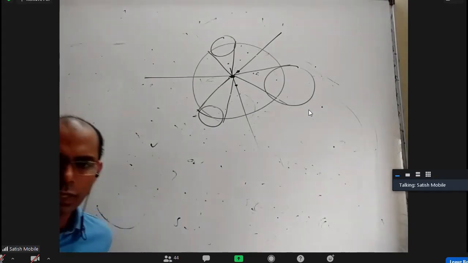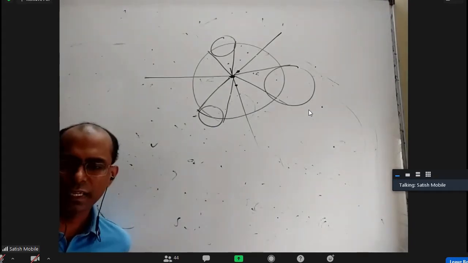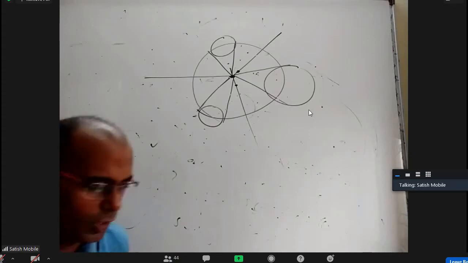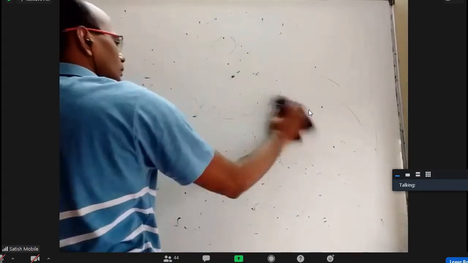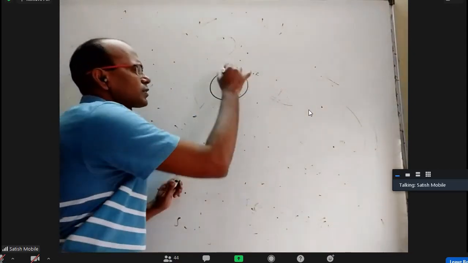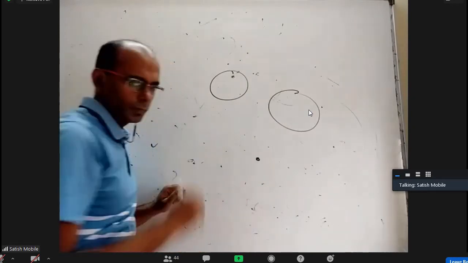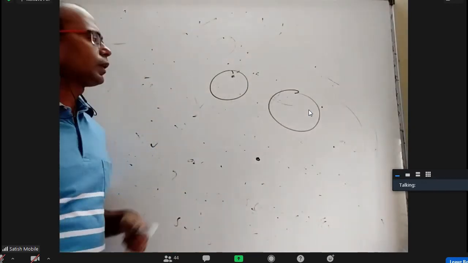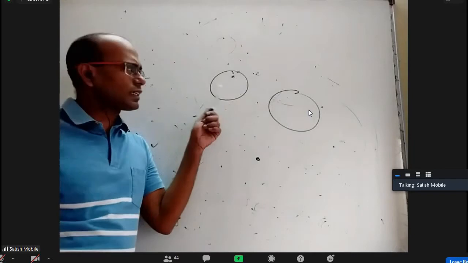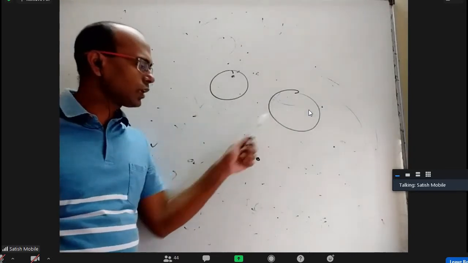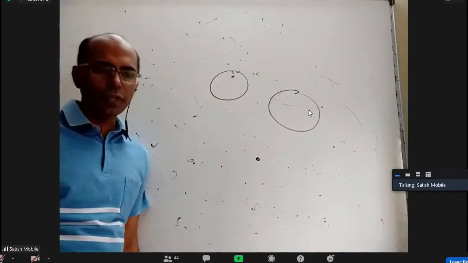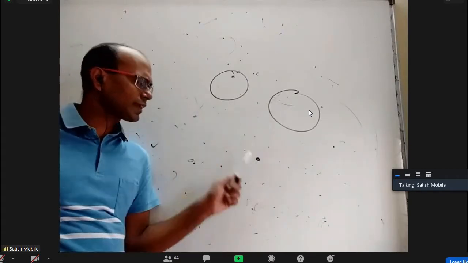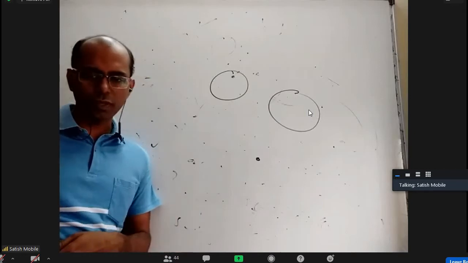Okay, now some questions may not appear like radical center, but it will still save some time. I'll tell you what that is. Sometimes they'll give two circles and one point, and they say there is a circle which is intersecting this orthogonally, and passing through this point. Find that circle. It is not that you take a general circle, apply orthogonality here, and substitute this point to solve. You can use another method. What is that?